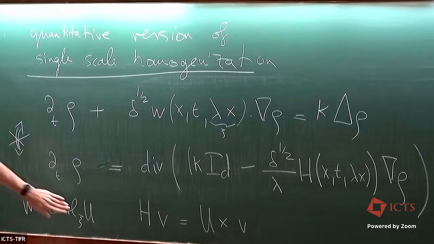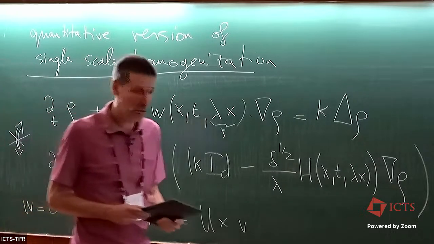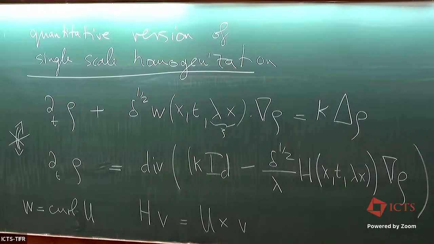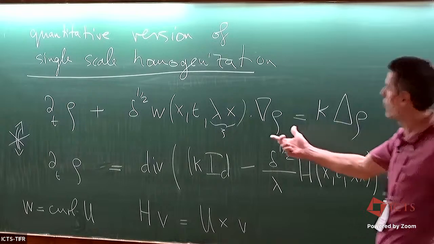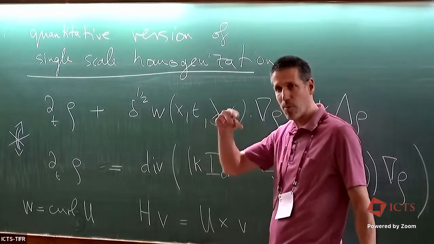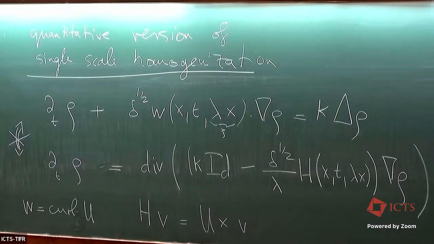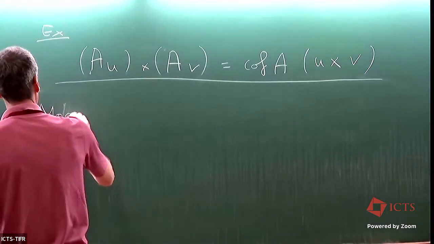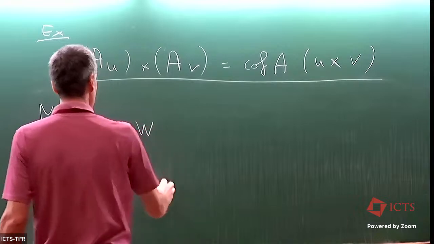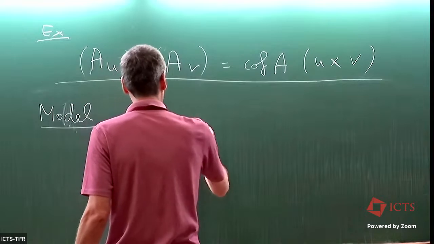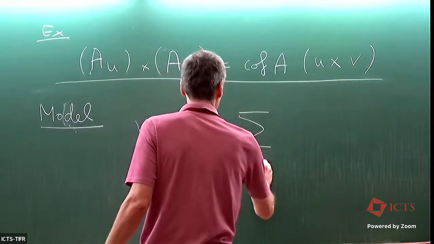W is divergence free, so there's no psi here. Thinking about Onsager, when you have these Mikado flows or any other flow, it's divergence free in the fast variable, but when you compose that with the lambda x, the model to think about is that this W of x, t, psi has the form of Mikado flows.